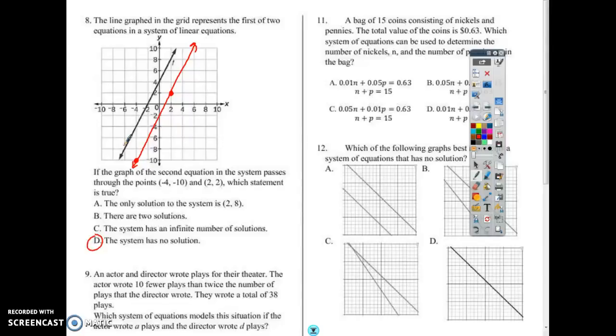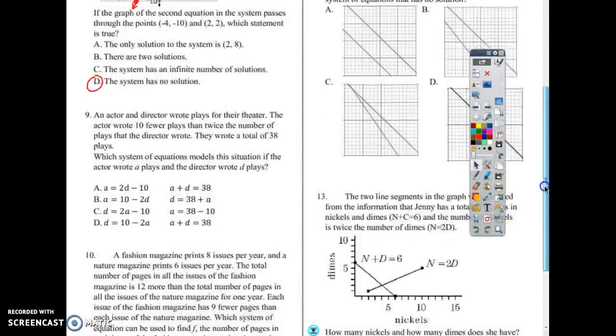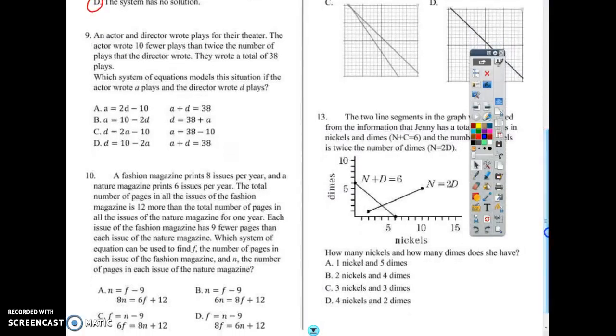Okay, problem number 9. An actor and director wrote plays for their theater. The actor wrote 10 fewer plays than twice the number of plays that the director wrote. There were a total of 38 plays. That's the easiest one. That means A plus D equals 38.